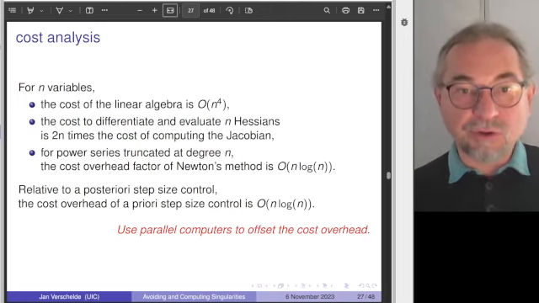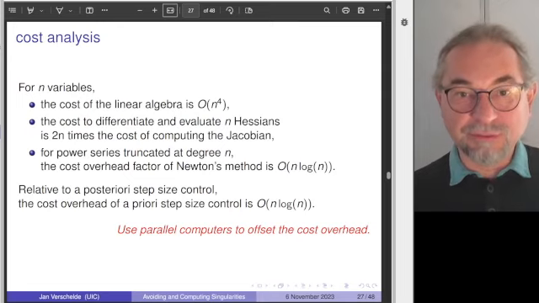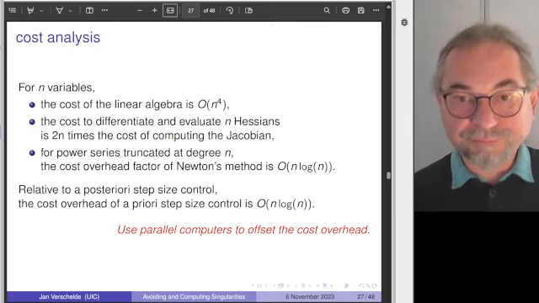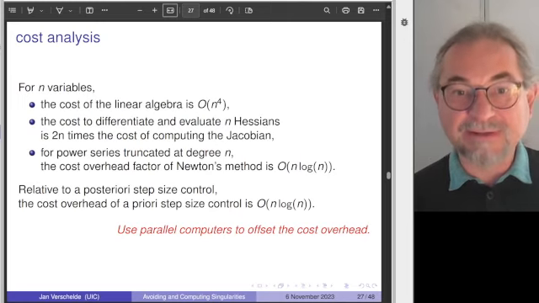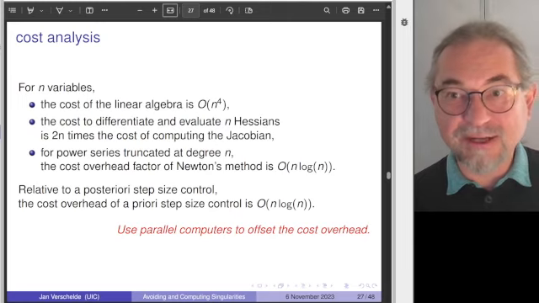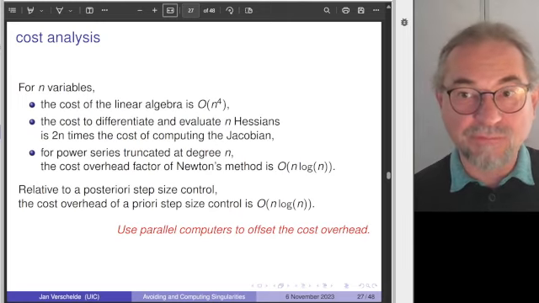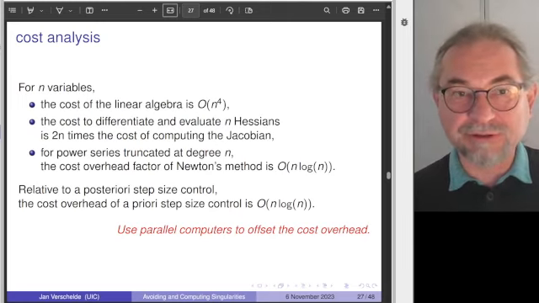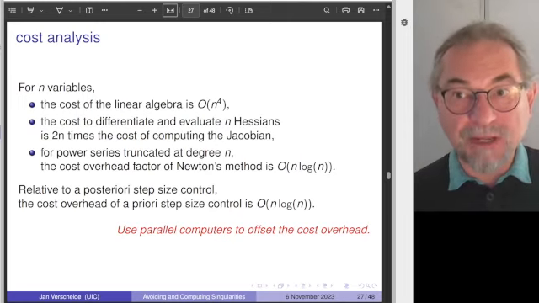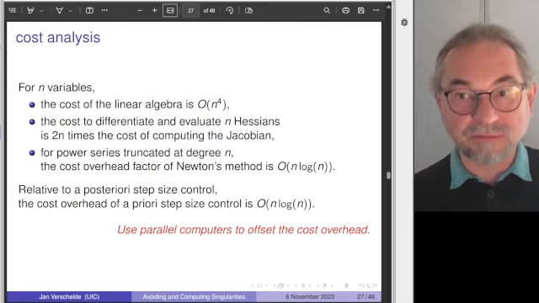We also have the cost to differentiate and to evaluate, and also the power series computation. That is where we get the factor n log n from. Or if you forget about the log n, you could say that if you have to solve a system with 20 equations using this a priori step size control, it may cost you a factor overhead of 20.